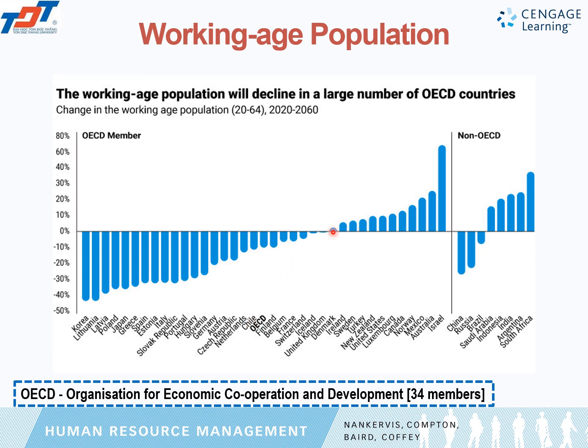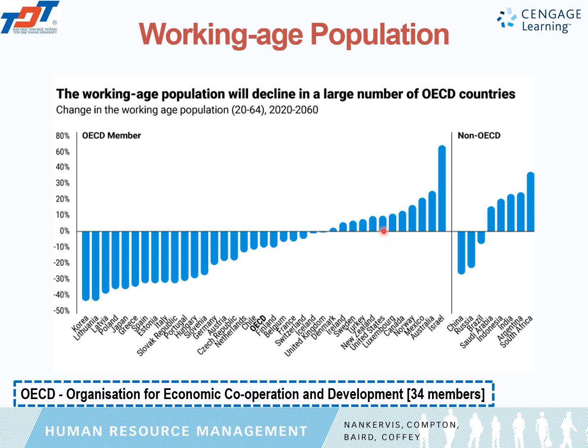On the other hand, we see a number of states where actually there will be population growth in terms of this category, age between 20 and 64 years. Now, the countries that are expected to enjoy the largest growth with reference to the working age population are Israel, Australia, and Mexico.